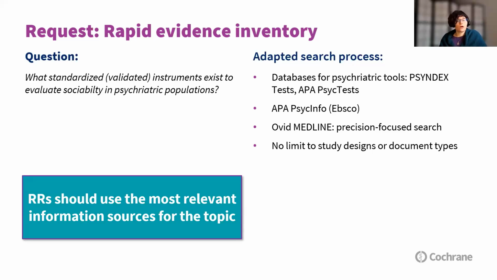And this meant for our question that we ended up doing broad searches in databases for psychiatric tests and in PsycInfo, and doing a precision-focused search in Medline. Precision-focused in this context meant limited to titles and author keywords. And we also did not limit to study design or document type. So we also included gray literature.